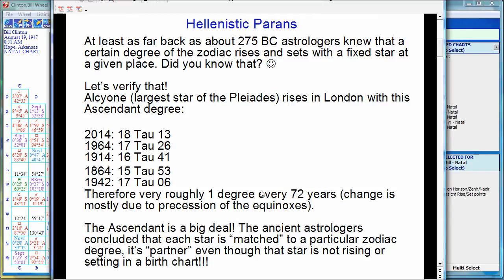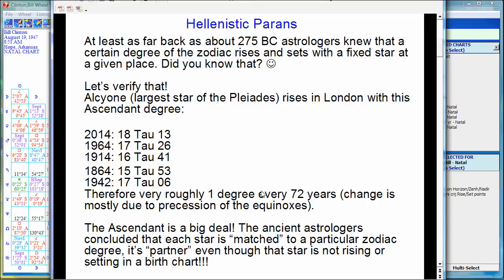Now this is a big deal, and this is the basis for Hellenistic Parans. Because in Hellenistic astrology, way back 2,000 years ago, roughly in that time period, when a planet rises or sets is a big deal, and the ascendant is a big deal. Now we talk about sun sign, sun sign, sun sign.